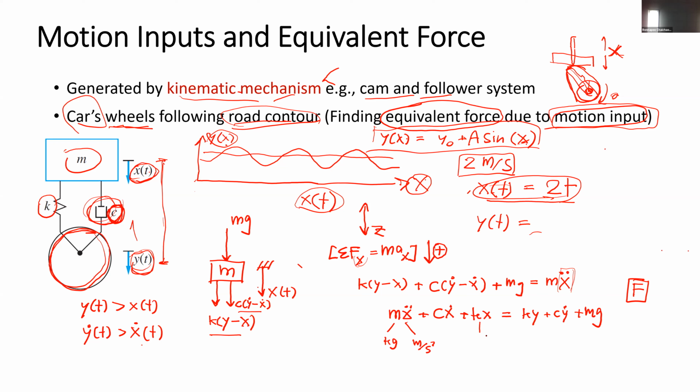Or this one, K is Newton per meter multiplied by X, which is the meter. By dimensional analysis, this equation is written in the unit of the force.